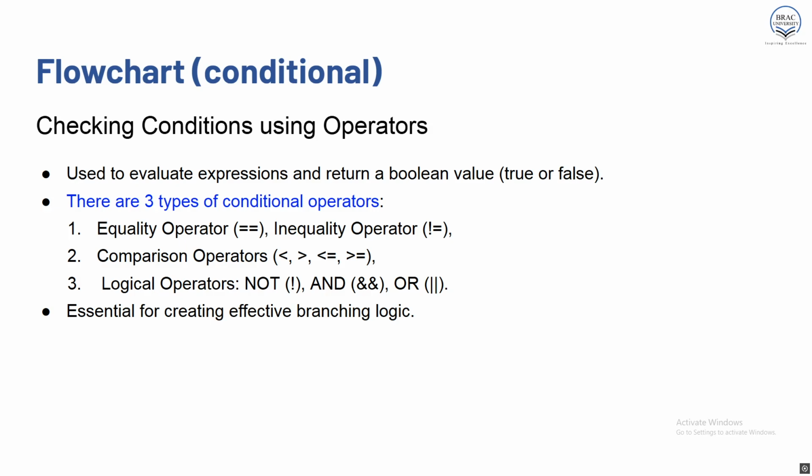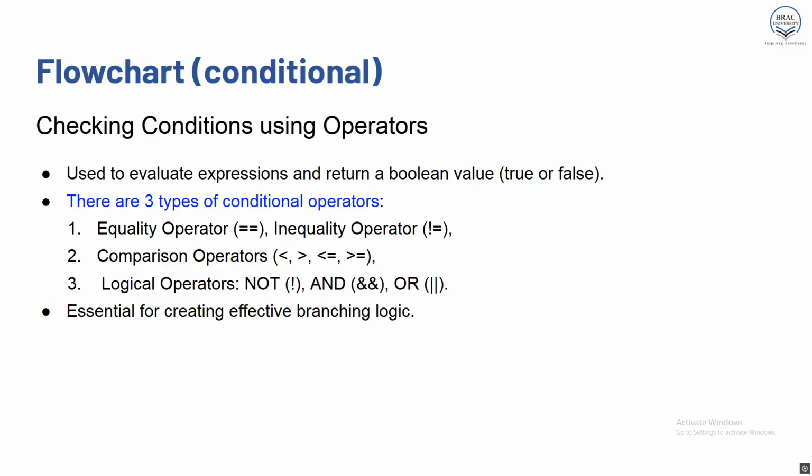For the logical AND operator, if both sides have a true statement, only then it will return true. If one of the statements becomes false, it will return false. For the logical OR operator, if one of the sides has a true statement, it will return true.